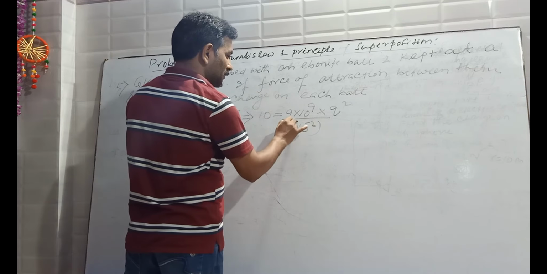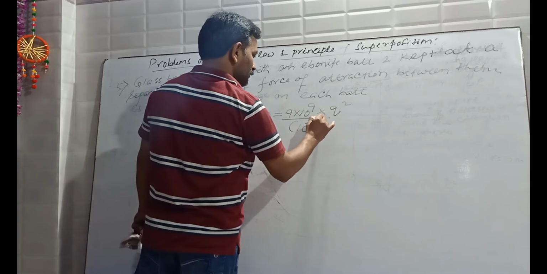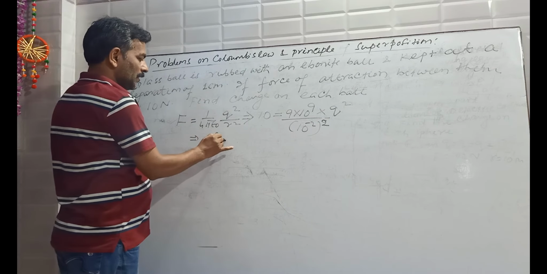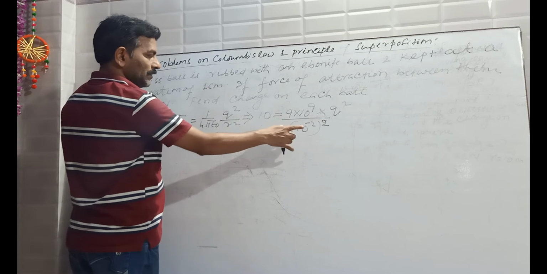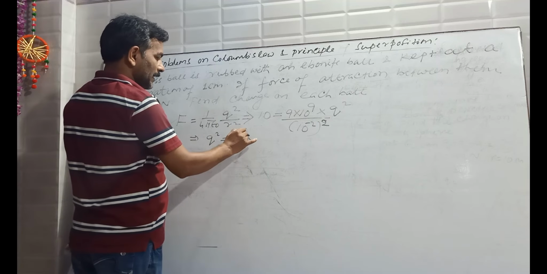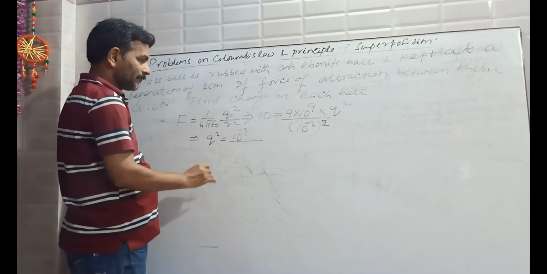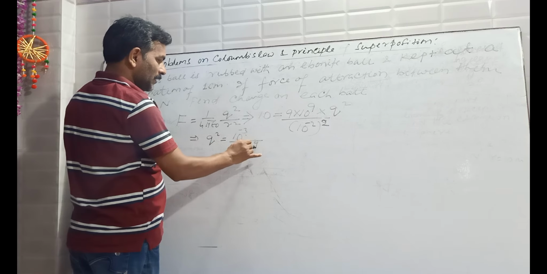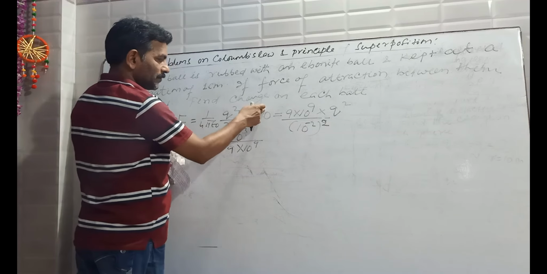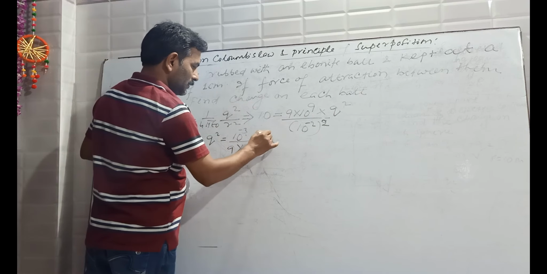So 10 to the minus 2 whole square. Then Q square, you cross multiply: 10 into 10 to the minus 4 is 10 to the minus 3, divided by 9 into 10 to the power 9.